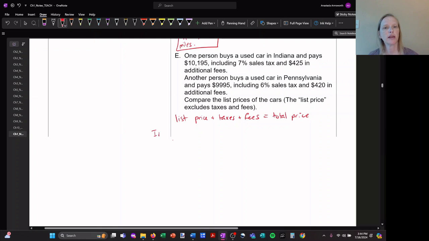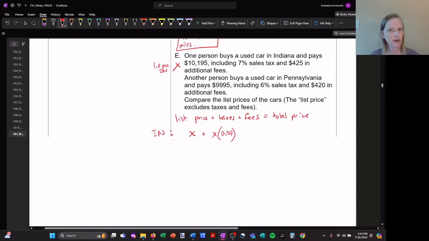So let's do this for Indiana first. I don't know my list price, so I'm going to call this X. It's always a good idea to label what your variables are. So my list price for Indiana is going to be X. The taxes are calculated by multiplying that list price that we don't know, that X value, times 0.07.